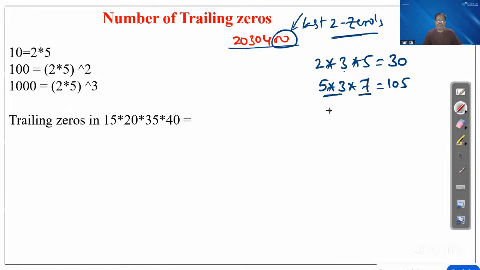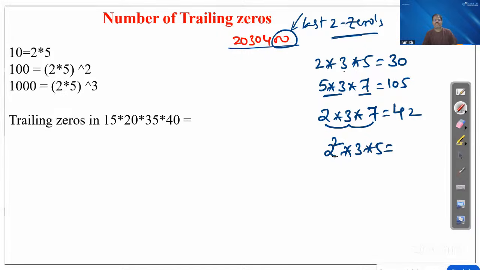And the next, 2 into 3 into 7: 2 threes are 6, 6 sevens are 42. And one more, 2 square into 3 into 5. What is the value? 2 square is 4, 4 fives are 20, 20 into 3 equals 60.